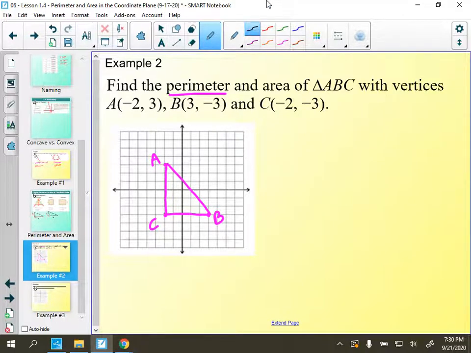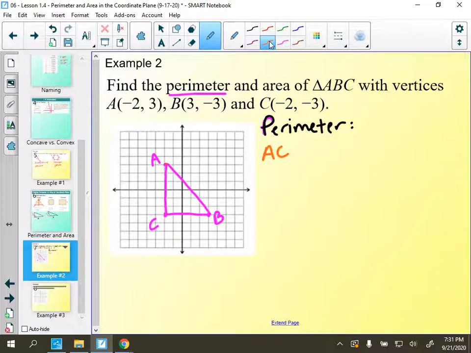All right, let's start with perimeter here. How are we going to find perimeter? Well, perimeter is essentially adding up all our side lengths. What I'd like you to do is tell me your different side lengths. I think some of these are easier to find than others. AC is a vertical segment, which I can count the units and be totally fine.